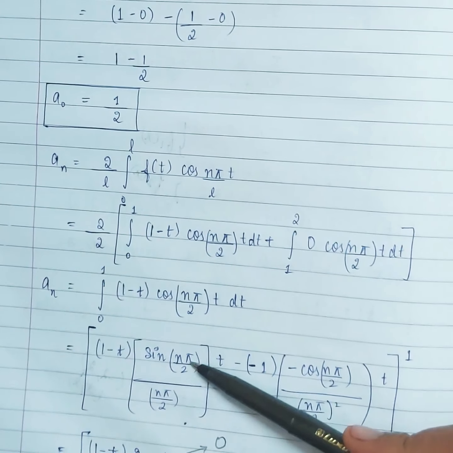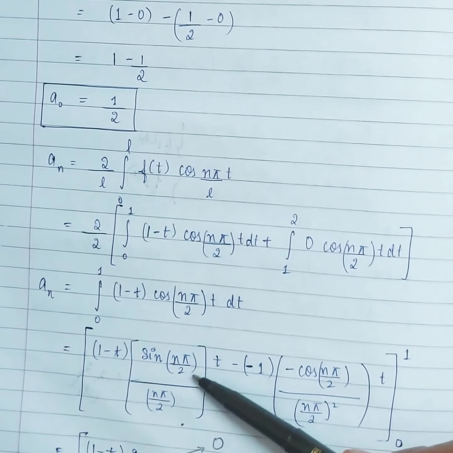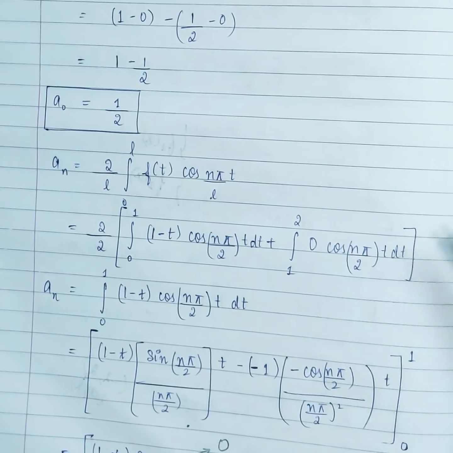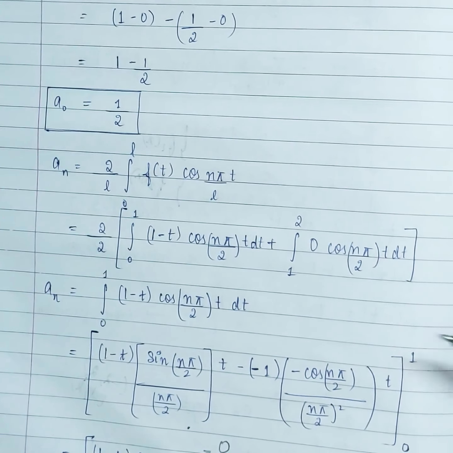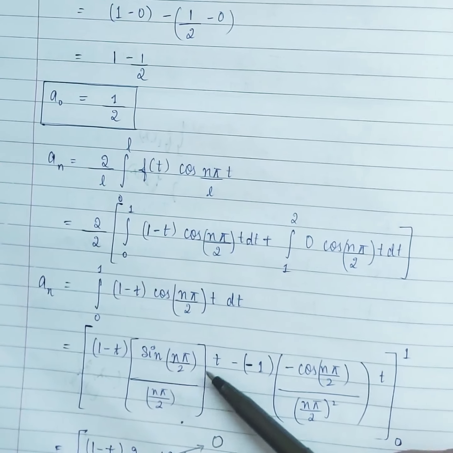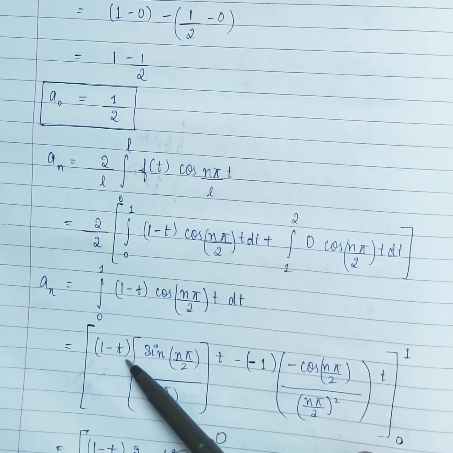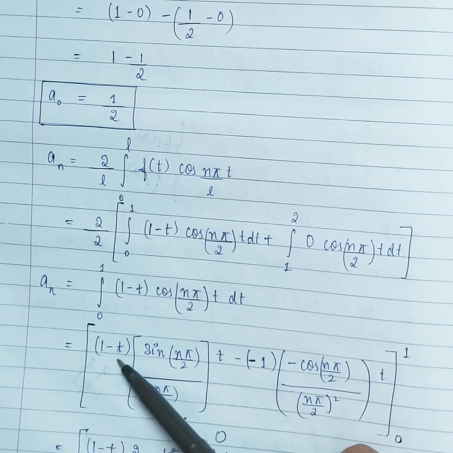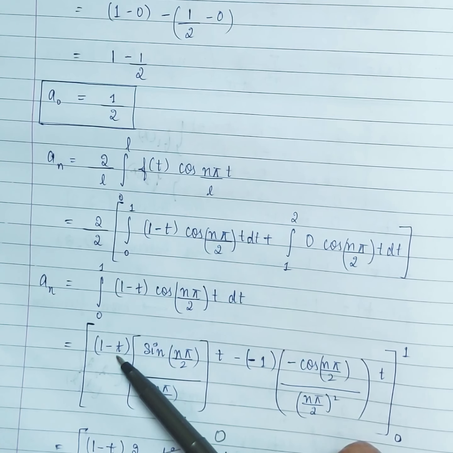So then what next? We have to apply the limit. So sin n pi by 2 is there, right? If I replace t by 1 here, 1 minus 1 will become 0, the upper limit.